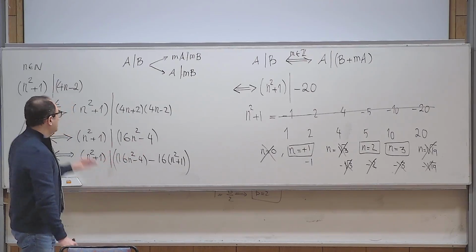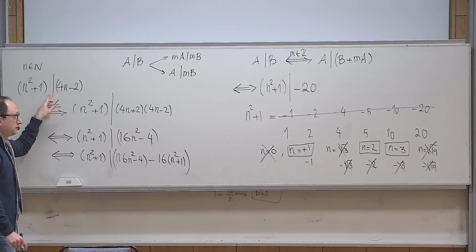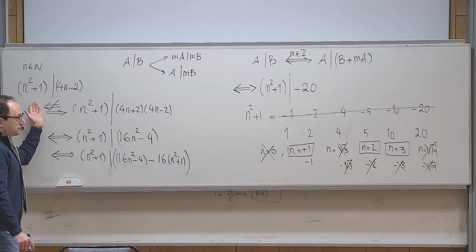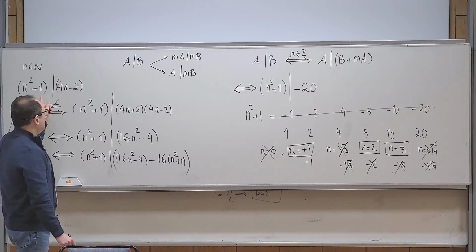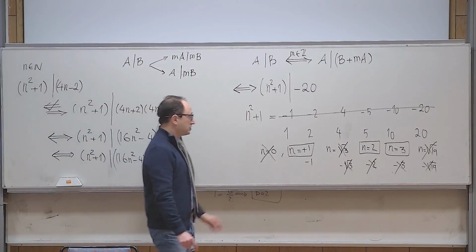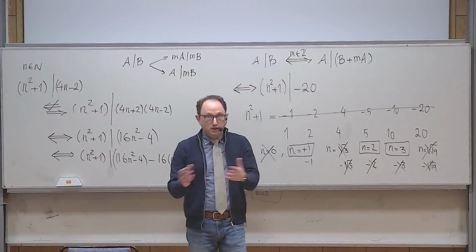Be careful. Potentially, I have infinitely many possibilities in front of me, because I have to check more or less all natural numbers here to see which one works and which one does not. But here I am telling you that no, you don't need to look for all potential natural numbers. Look among only these three numbers. That is huge progress.